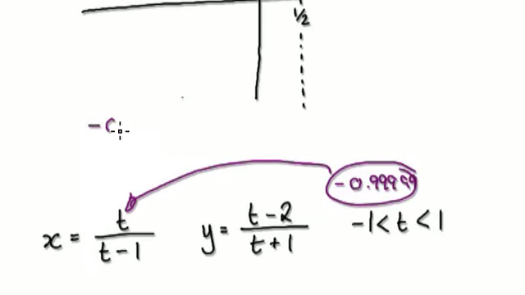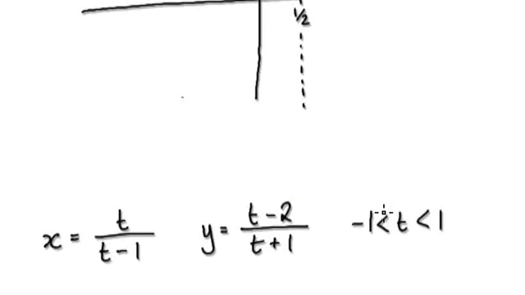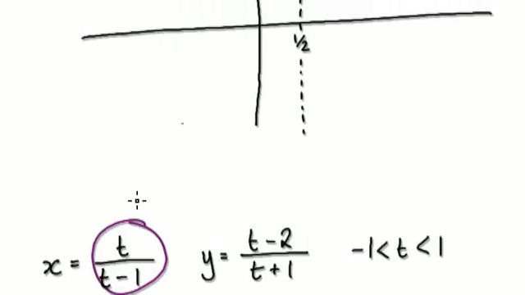So that will be negative 0.99999 over. Now put this into here. So that's negative 1.9. You can see these two will cancel out, giving you, well, this thing here is going to be near half. So we know that the starting position, the x value will be near a half.